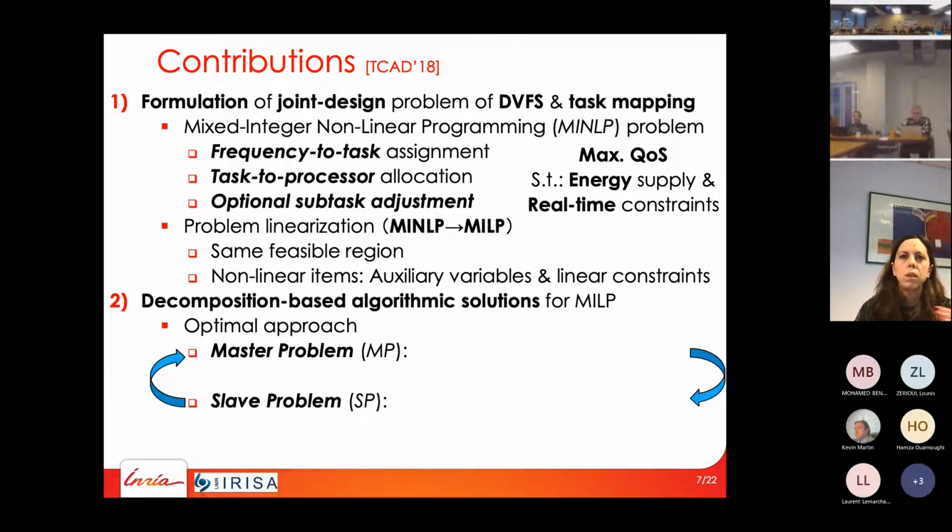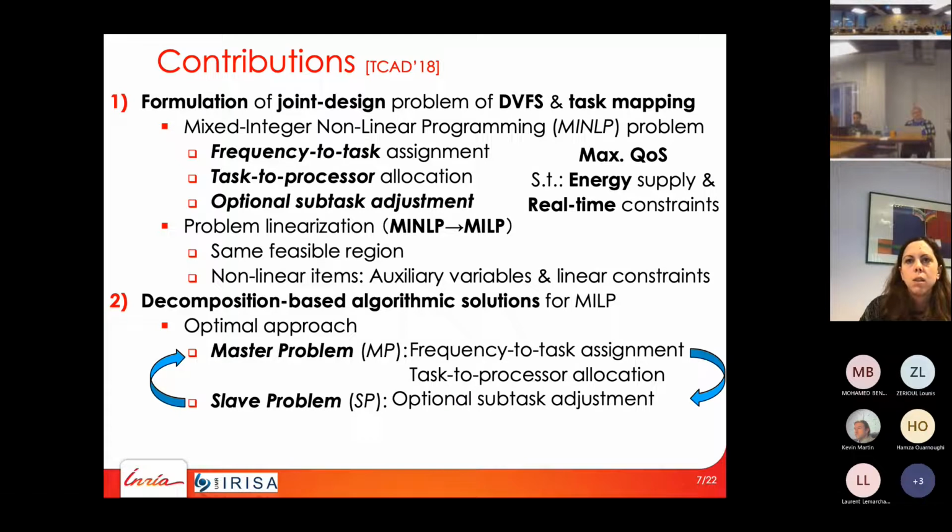We are splitting the original problem into a master problem and a slave problem, and we are iterating between those two solutions. The master problem focuses on the frequency to task assignment and the task to process allocation, and the slave problem focuses on the optional subtask adjustment.